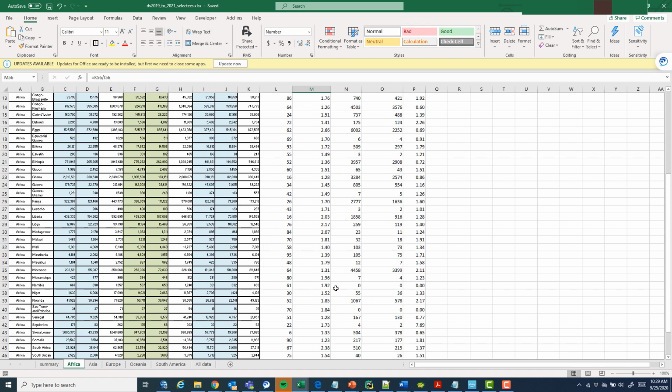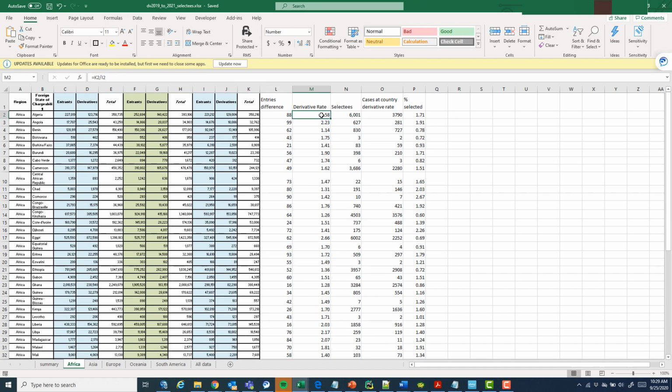But I'm also able, because I can figure out how many derivatives there are, and I know how many selectees there are. This is the static data from the visa bulletin. This is how many selectees there are. I can now find how many cases there should be in that country based on the derivative rate for that country, right? So I divide the 6,001 by the 1.58, and it gives me 3790 cases.